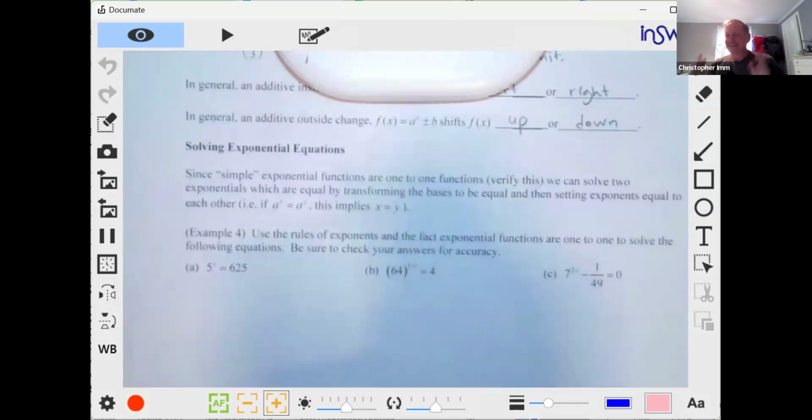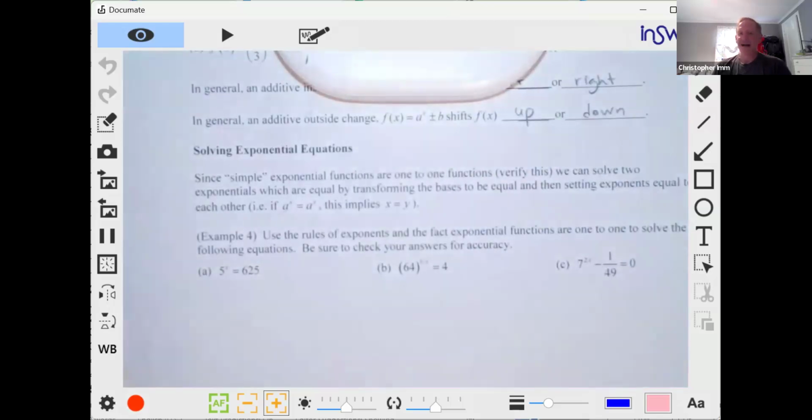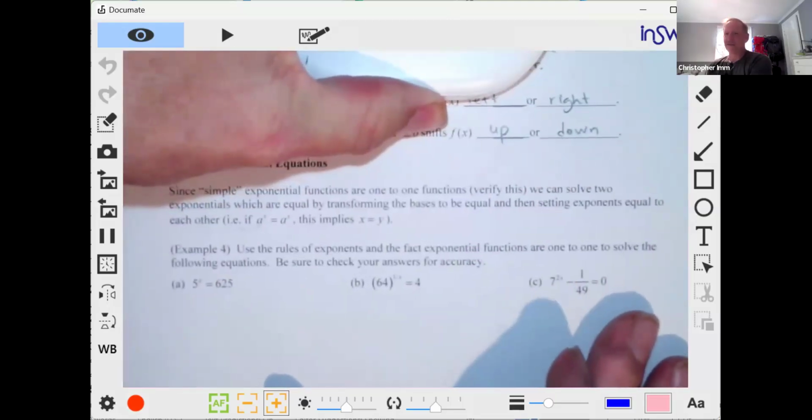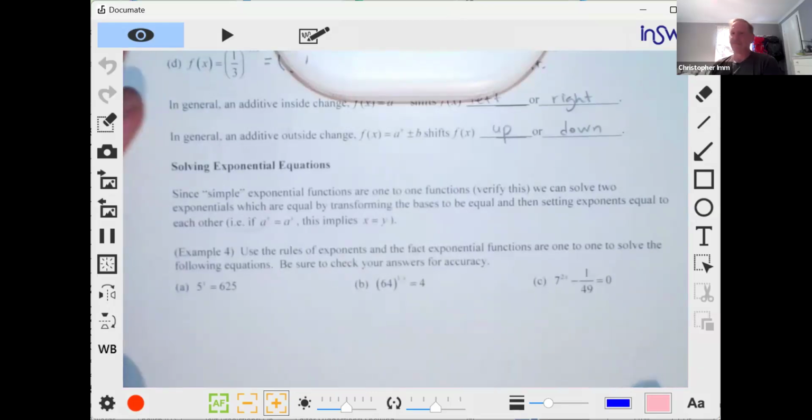Finally, some of these easier exponential equations we can solve by using the fact that our exponential functions are one-to-one. What that means is they pass the horizontal line test, and you could see that from the other page when we graphed those. So it turns out if we can get two exponential functions with the same base, we can set their inputs, which would be the exponents, equal to each other.